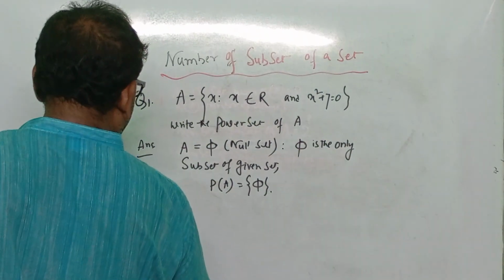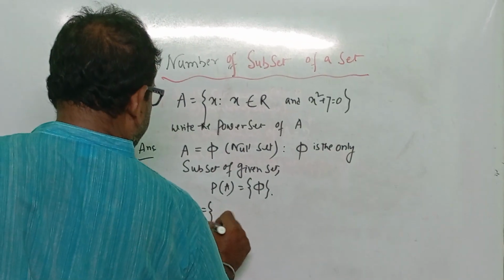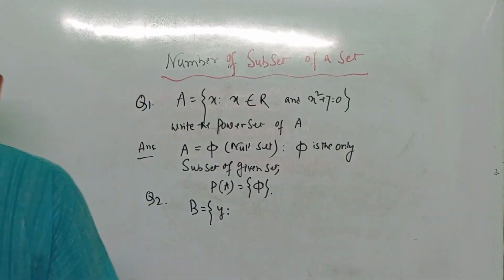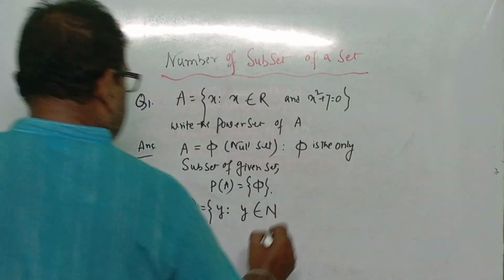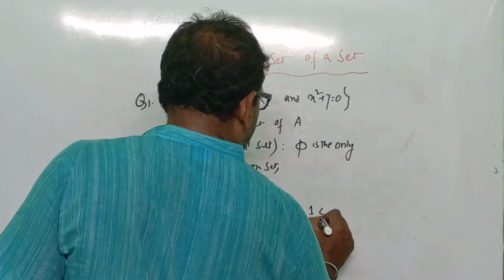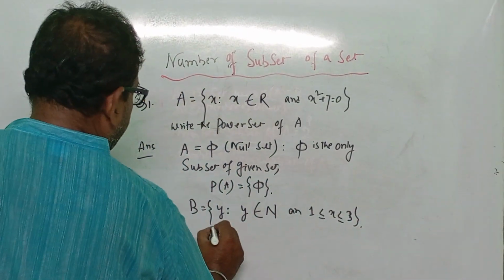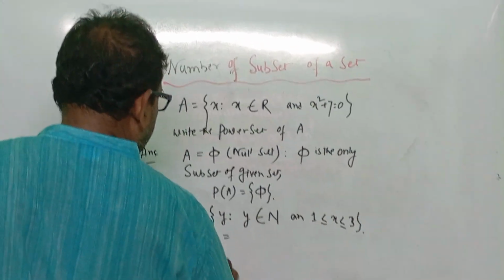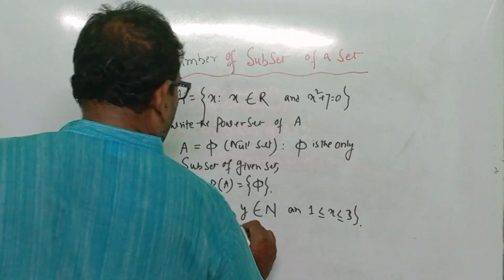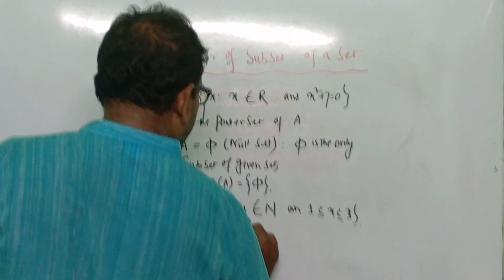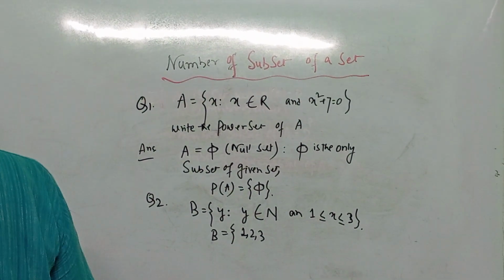So the question number 2. B is a set where Y belongs to natural numbers and 1 is less than Y less than 4. So what is the set B? B is 1, 2, 3. It is clear.